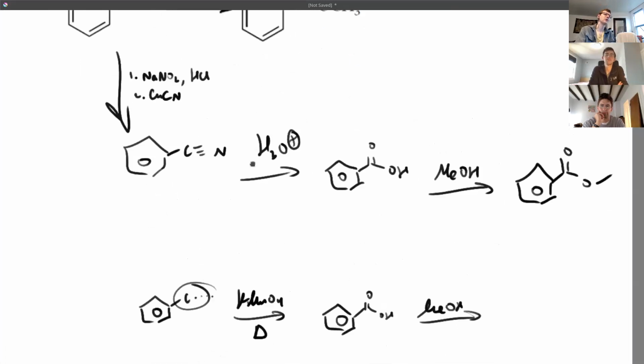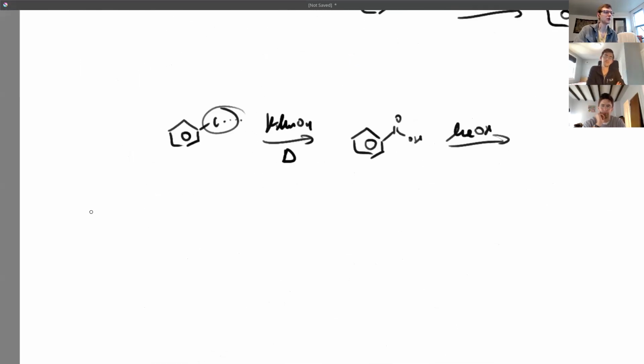You can, but if you wanted to do Friedel Crafts, or I guess in this case, you'd probably want to do Gattermann-Koch, which involves formaldehyde, right? What else?